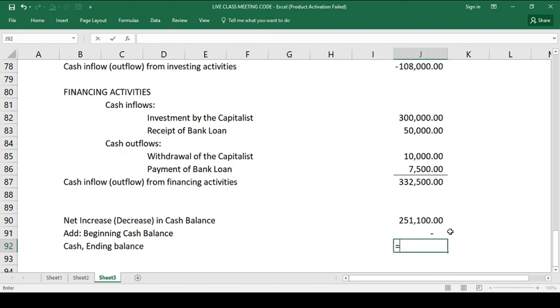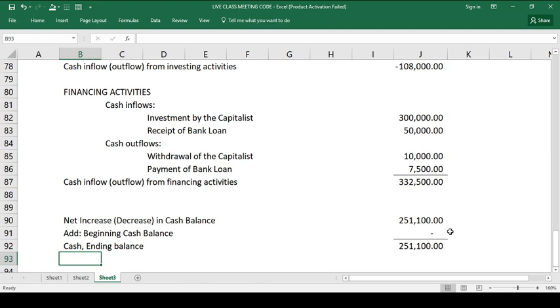So, that is 251 plus, okay, the beginning balance, your cash ending balance is 251,100,000. Make sure that the ending cash balance that is computed in the statement of cash flow is same with the balance na nakikita sa balance sheet. Pag hindi magpareho yon, may mali sa financial statement mo.